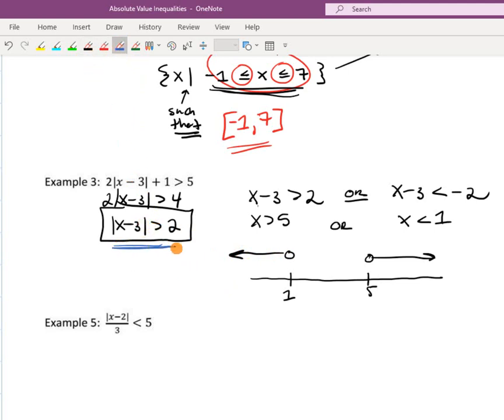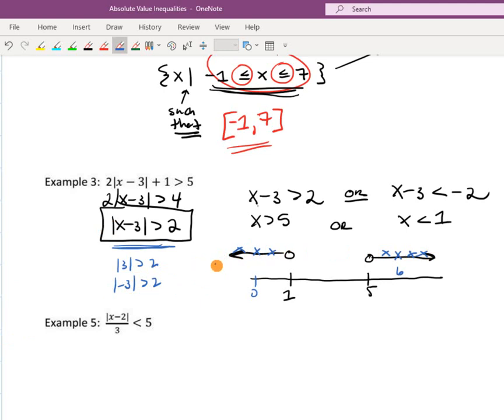If I choose, let's say, 6 out here, plug 6 in here, I get absolute value of 3 is greater than 2. Is that a true statement? Absolutely, it's true. If I try 0, because 0 is right there, I get 0 minus 3 is negative 3 in the absolute value. Is that greater than 2? Yes, it is. Any value I choose out here on these black rays is going to give me a true statement.